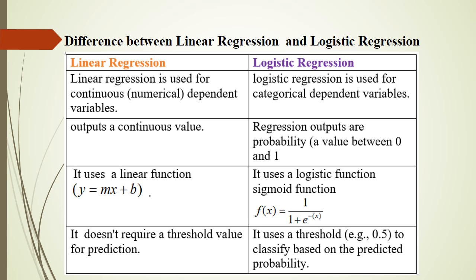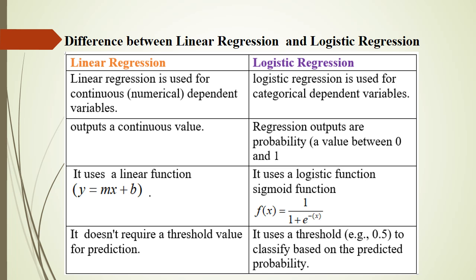In linear regression, we use the linear function y equals mx plus b, and in logistic regression, we use a logistic function, which is a sigmoid, given by f(x) equals 1 over 1 plus e raised to minus x. When we plot this function, we get a sigmoid type of graph.